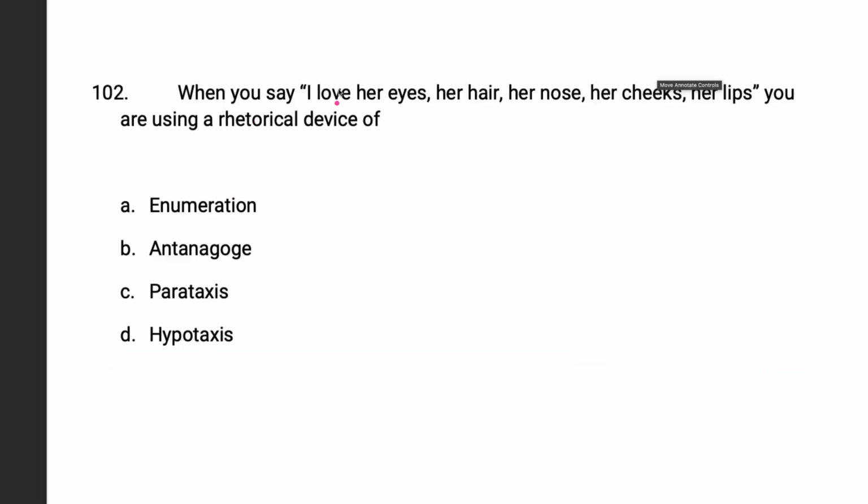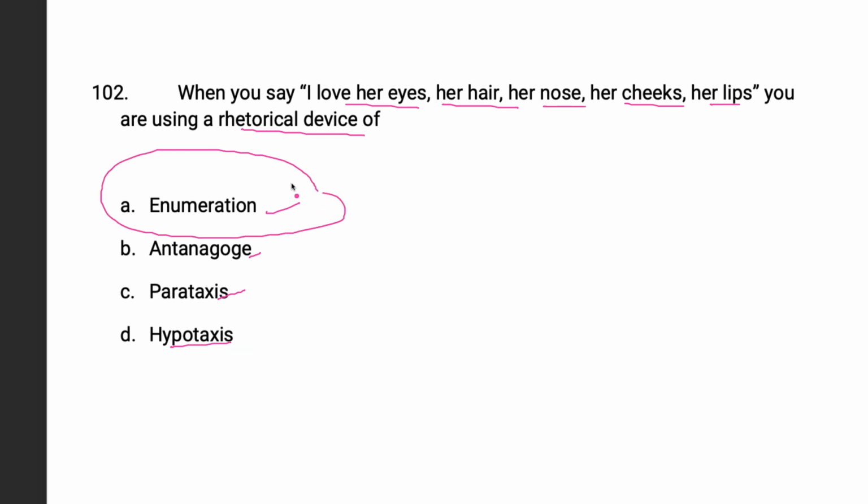When you say "I love her eyes, her hair, her nose, her cheeks, her lips", you are using a rhetorical device of enumeration, antanagogue, parataxis, or hypotaxis. The correct answer is enumeration. Enumeration is a mathematical term, that is, to list, simply listing together.